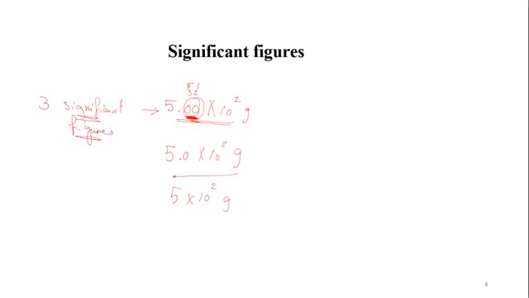As for the second case, the number 5.0, although it may look like the first number, the point here indicates that I have 2 significant figures. This means I should consider these 2 numbers only. In the third case, the 5 is written by itself without any point. This means I have 1 significant figure.